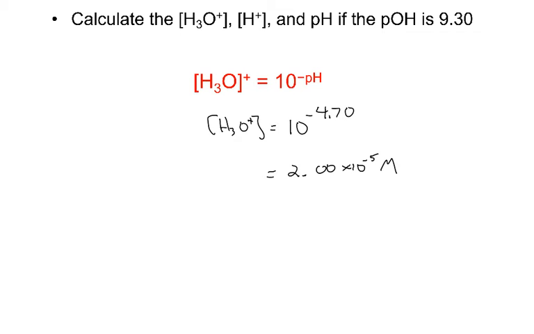And remember, the H+ is the same thing as the H3O+. This is probably the more accurate representation of what's going on in solution, but we often use these two interchangeably.